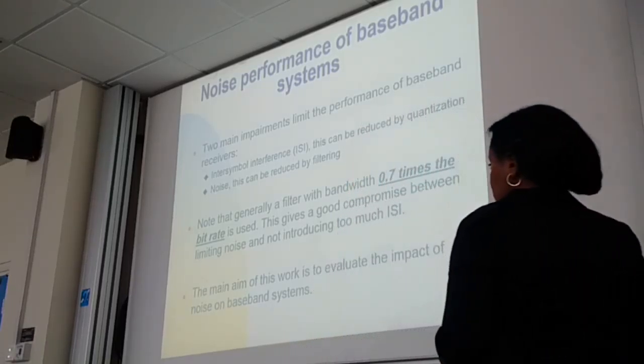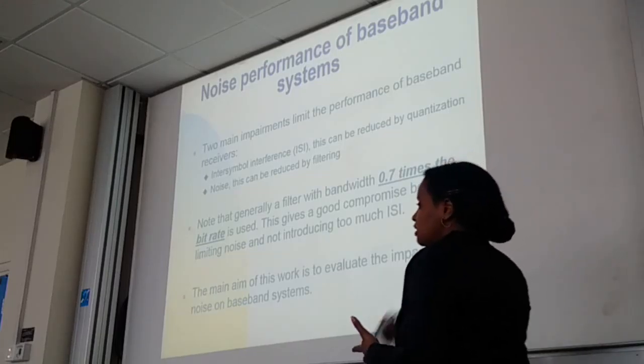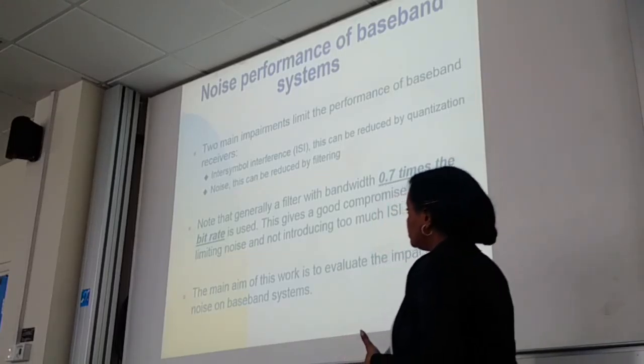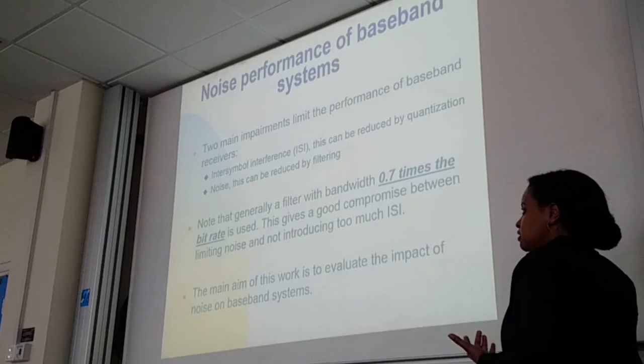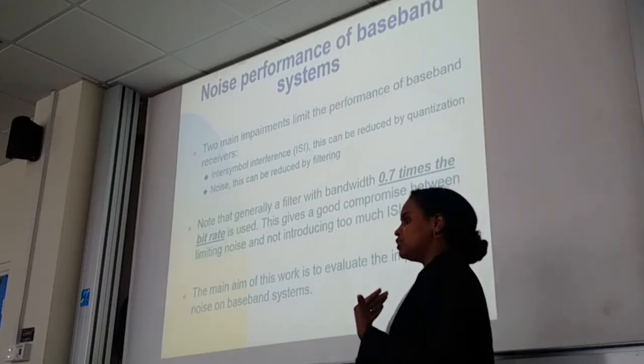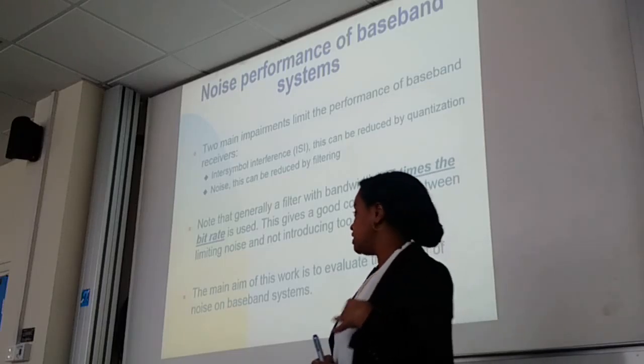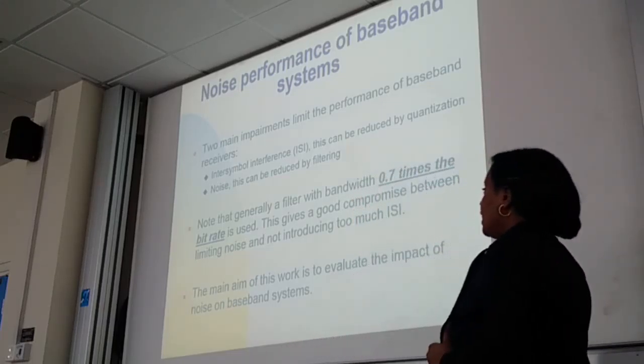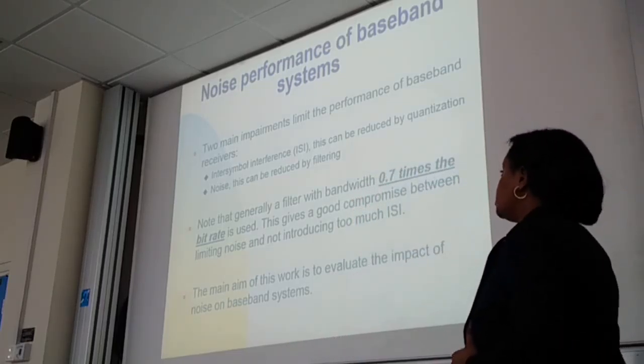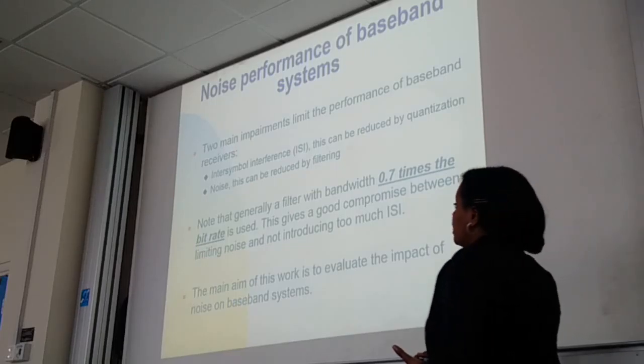We have studied thermal, dark current, and quantum noise. Why is this noise important for us? Because by the time the signal arrives at the receiver, it will be attenuated. This noise can be reduced through filtering.